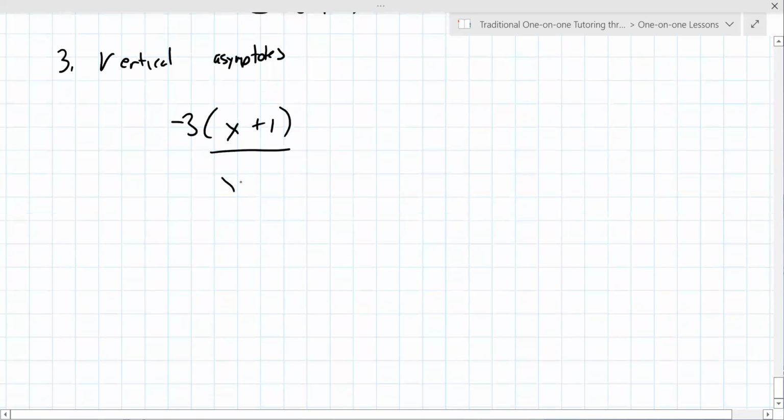You set the bottom equal to 0. Okay, so you get x equals 3 is a vertical asymptote. This one is not removable.